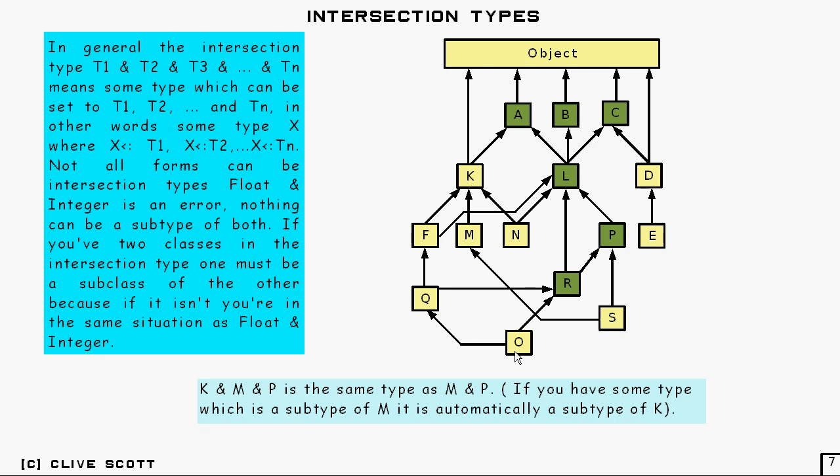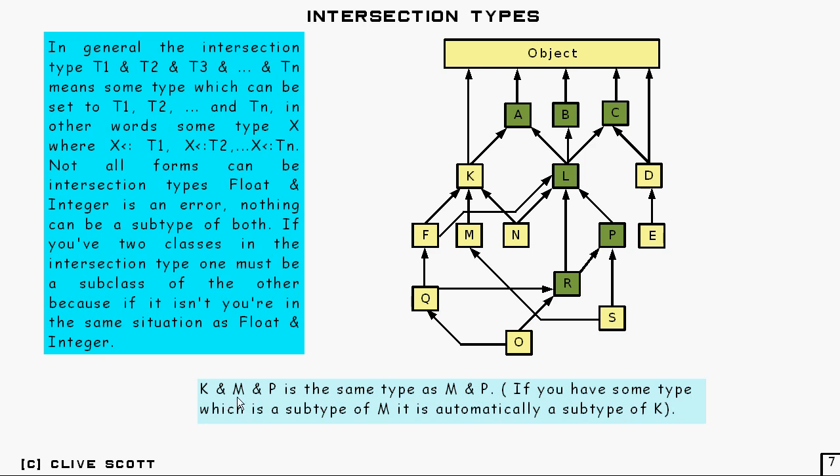So it must be a class, and classes only extend one other class. So whatever this X is, if you follow the path from X all the way up, it must lead eventually to object. It has to pass through both of these two, because to be a subtype, it must pass through both of them. So they both got to be on the same path, as it were, up to object from whatever the type X is. So one's got to be a subtype of the other. I mean, it's pretty obvious.